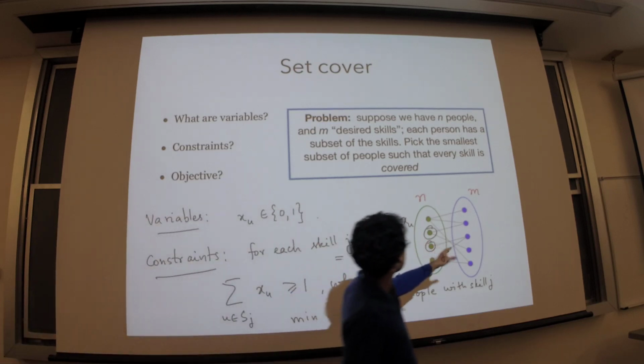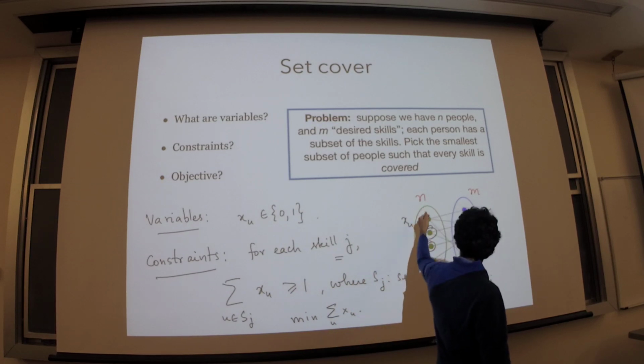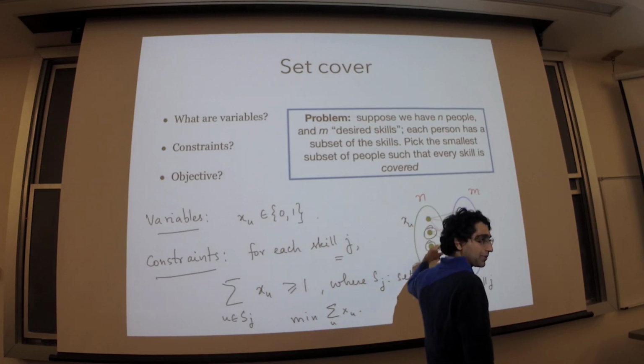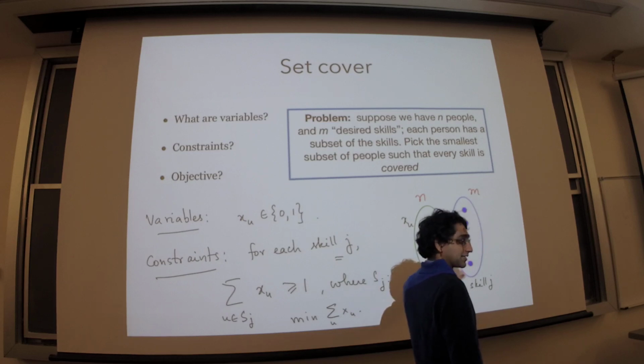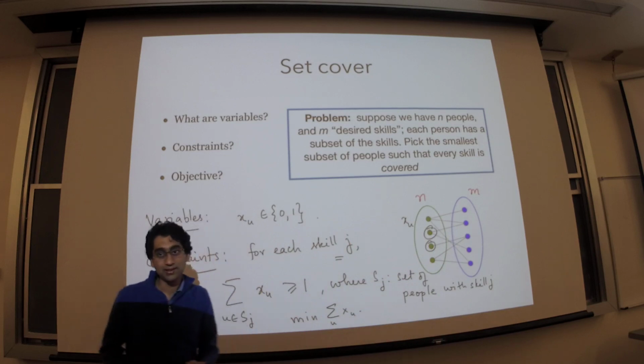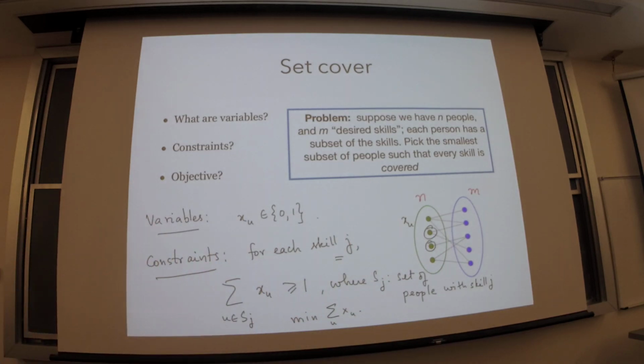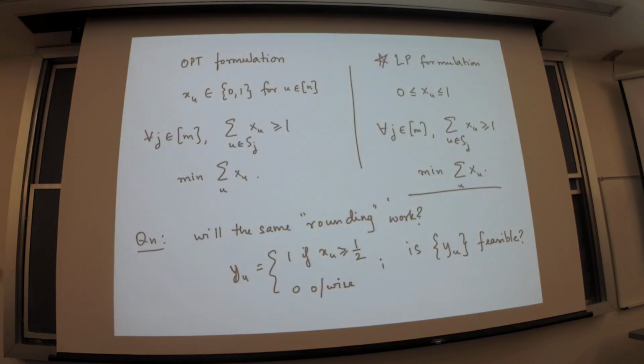Let's say a skill is possessed by 5 people. Then you have xu1 plus xu2 plus so on, xu5, that has to be bigger than or equal to 1. And then potentially all of them are something like 1/5, and none of them would get rounded up to 1. So this does not work.